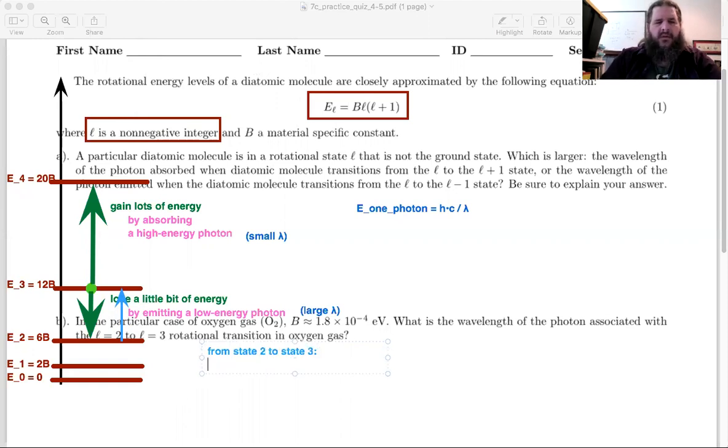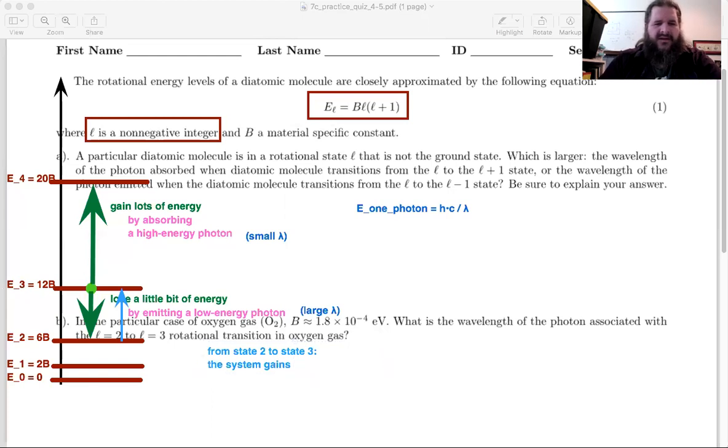What would you say about the change in energy there? How much energy is it gaining? It's going from where to where here? If you take a look at the initial energy and final energy, yeah, it looks like 6B.